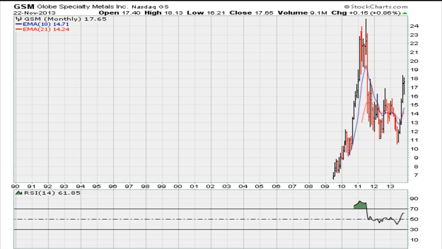Here's another example of a stock that shows potential in its history. Take a look at this move here, $7 all the way to about 12. All right, it's not a doubling, but it's okay. But take a look at this move here out of this consolidation, $11 there all the way to 24.